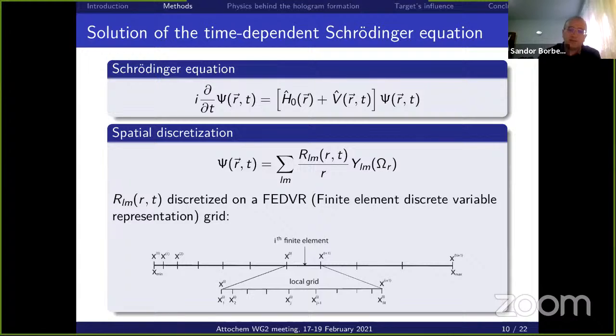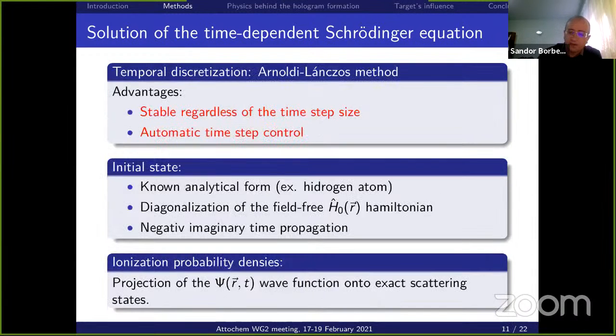This approach is very flexible because you can adjust your grid density as requested by your problem. For time propagation, we have used the Arnoldi-Lanczos method, which is very convenient because it's stable regardless of the time step size, and you can implement an automatic time step control very easily.